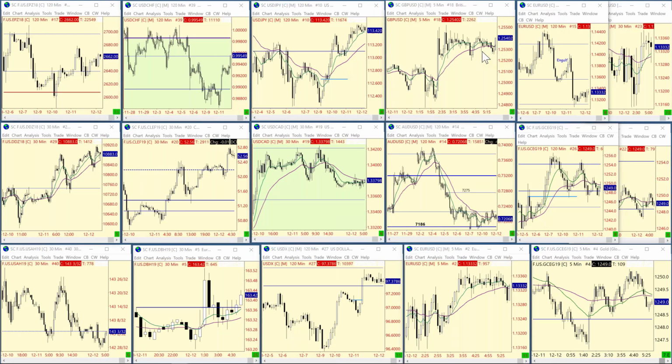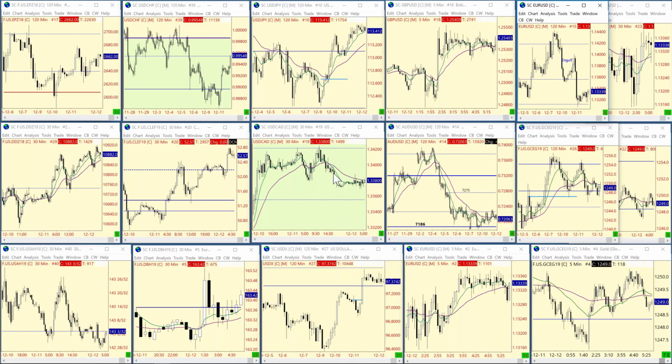Starting to see the cable come off these lows, and the euro has also started to stabilize from these lower prices. No big movement, but we are starting to stabilize a bit here. Dollar CAD below 34. It was struggling even when the cash dollar index was pushing higher. Dollar CAD still wasn't able to push beyond this 34.20, and since then we've started to pare back.